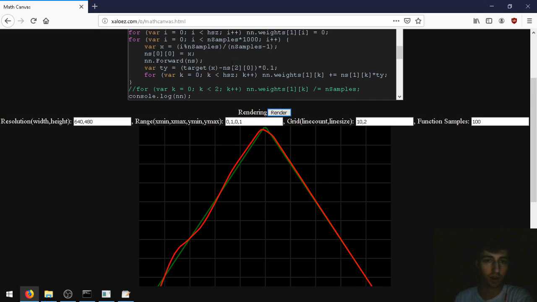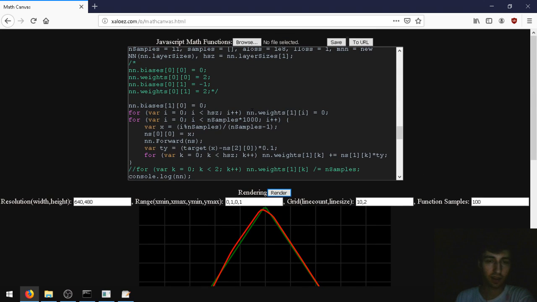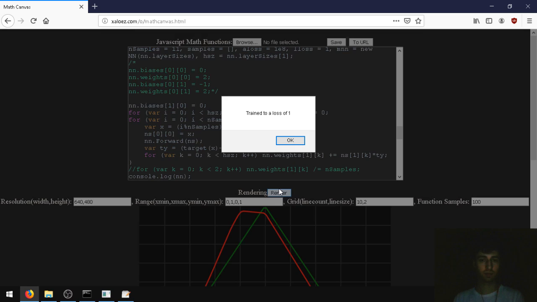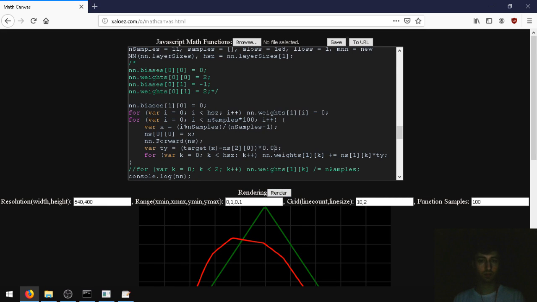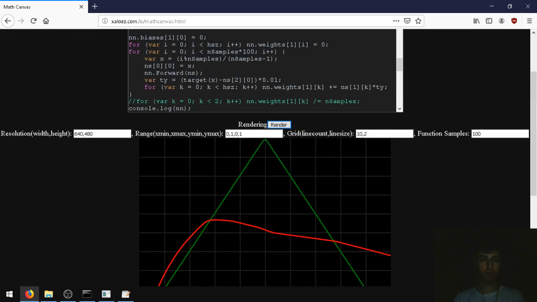Okay, well that works in 10,000 iterations, so that's still better. Let's see if we can get it down to 1,000 with a different learning rate, if lower or higher works better.